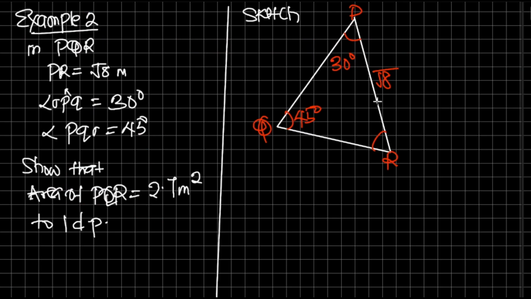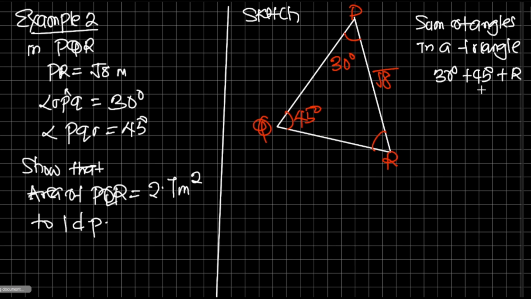So we need two sides. If we can get any of the sides, we can find what we need. Angle R is not given. Using the sum of angles in a triangle, we have 30 degrees plus 45 degrees plus R equals 180 degrees.